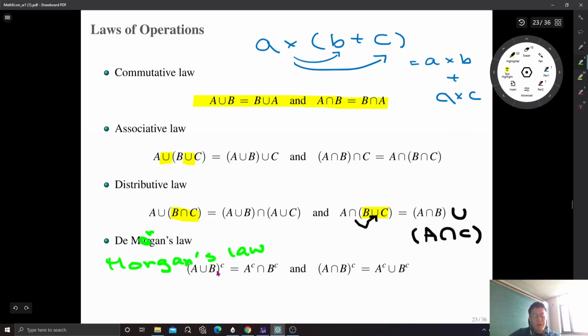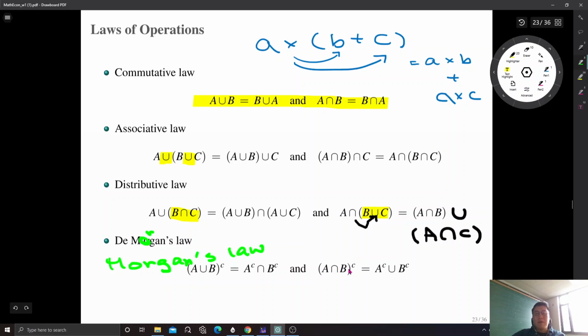So if we think about the complement of the union of A and B, the way to distribute complement is first we take the complement of each set. So A becomes A's complement, B becomes B's complement. Now we have to change this union to intersection. The union's complement becomes an intersection, and vice versa, the intersection's complement becomes a union.